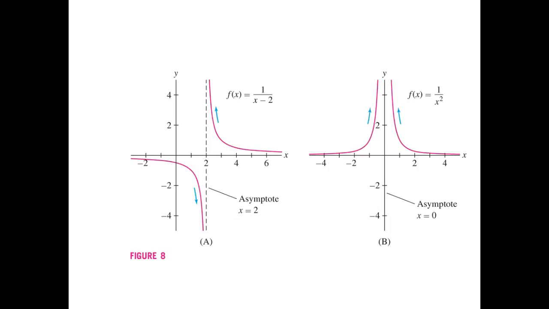This has a vertical asymptote because you can never divide by 0. So x minus 2 cannot be 0, which means x cannot equal 2.